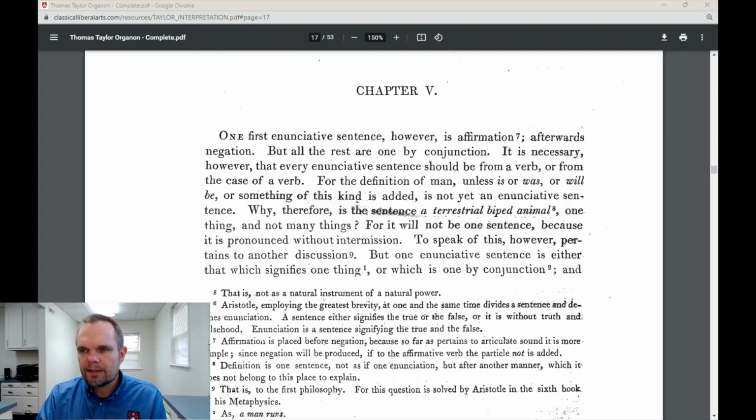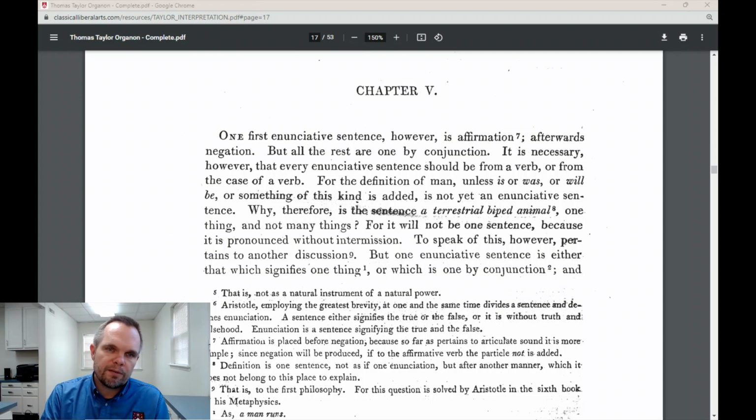And then in the second sentence he says, "but all the rest," that is composite, or different kinds of composite enunciative speech, "all the rest are won by conjunction." Okay? So we're dividing the different kinds of enunciative speech that exist. And we're dividing them according to this principle of unity.